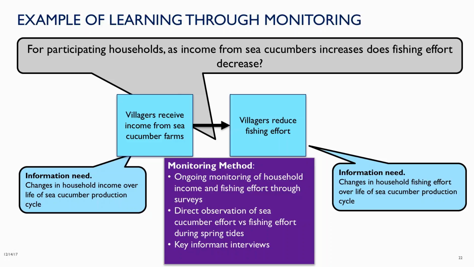But that definitely needs to be thought about intentionally. So with your monitoring methods, you could do ongoing monitoring, but there are other ways that you could do it. And this comes from my actual experience with the sea cucumbers. We did a lot of specific monitoring at a household level of both of these variables.